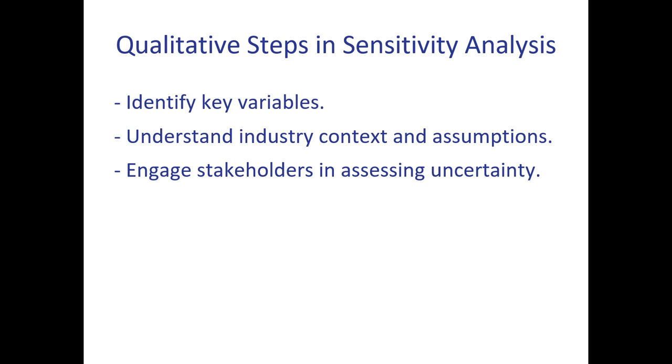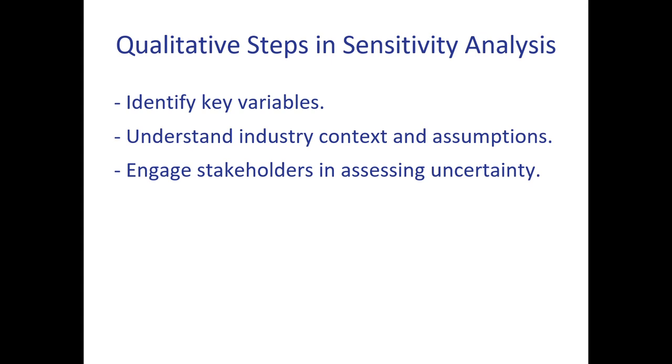Before we run any numbers, first we need to take a look at the qualitative steps. The first step is to identify key variables that may affect the outcome of the project. For example, sales volume, unit cost, or discount rate. Next, we assess the industry context and understand what assumptions we are making.